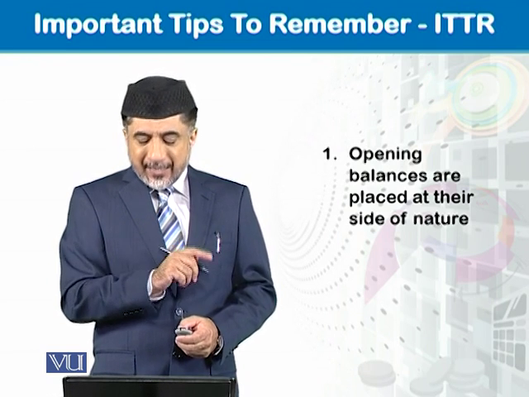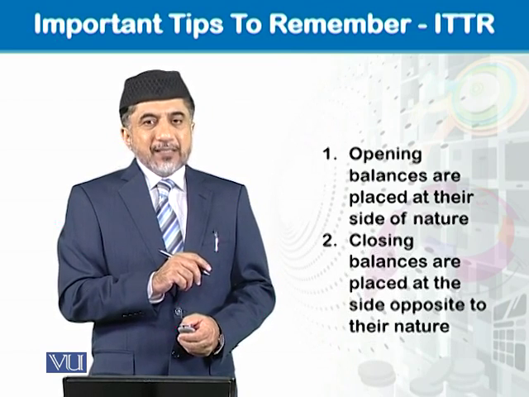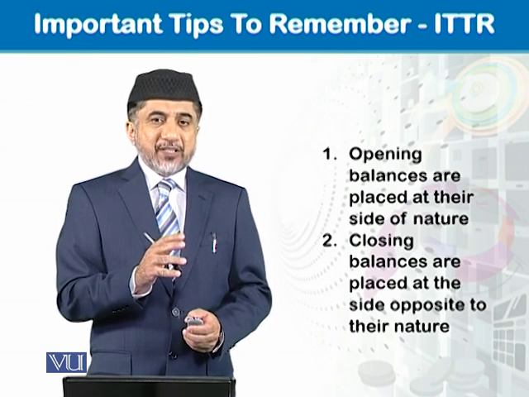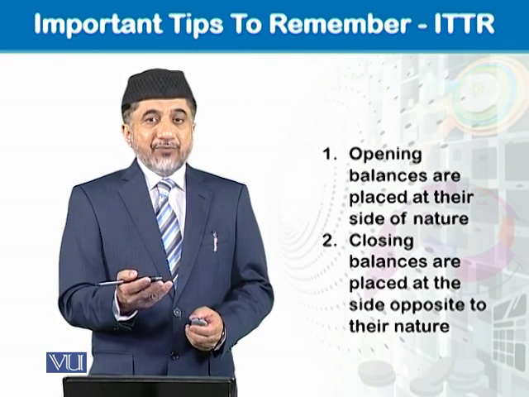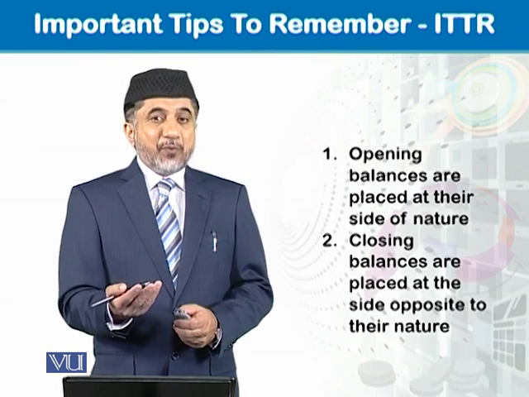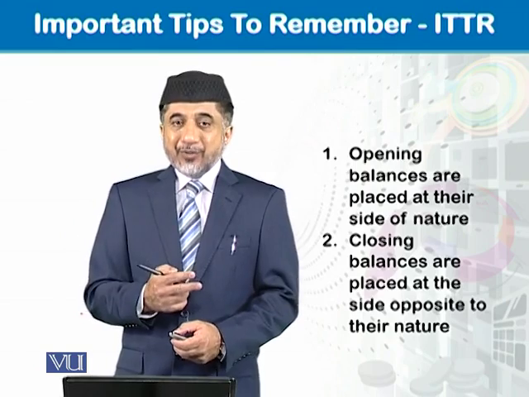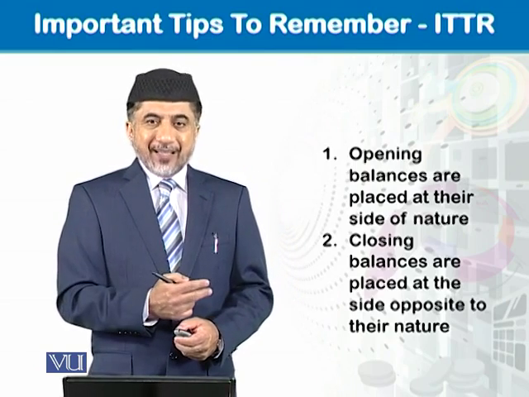Whereas closing balance is always placed in the opposite side to its nature. Like closing debit balance will be placed in the credit side, and closing credit balance would be placed in the debit side. So learn it by heart, and we will discuss all these details through practice questions again. Thank you.